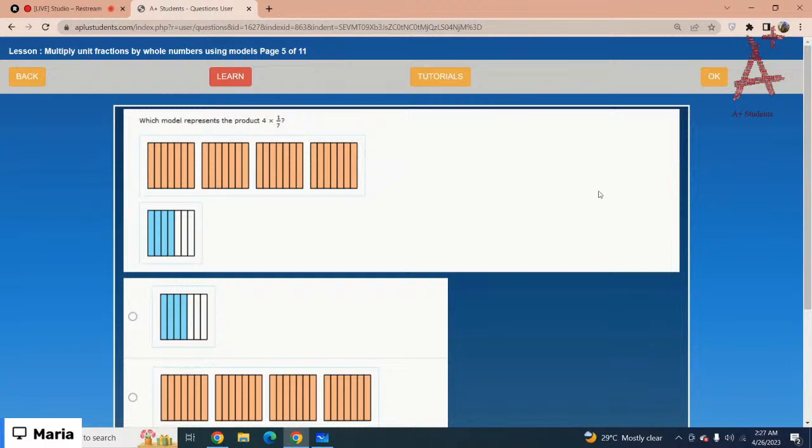Got it? So the second option is the correct one. Here you have just 4 of the lines covered out of the 7. So it would be 4 over 7. Got it?